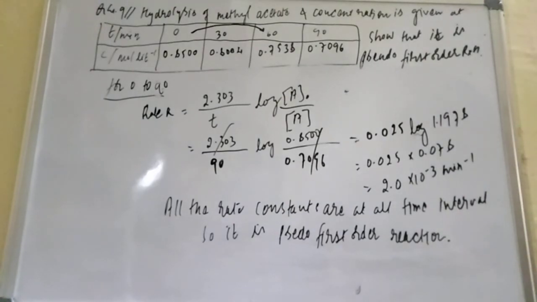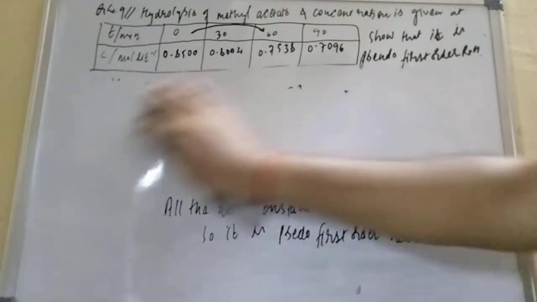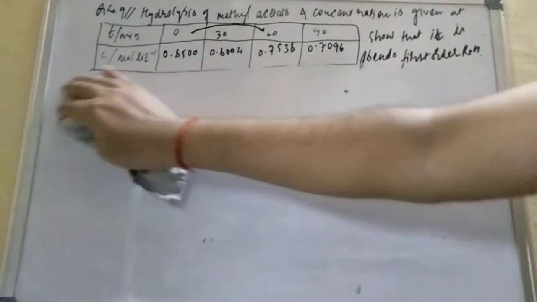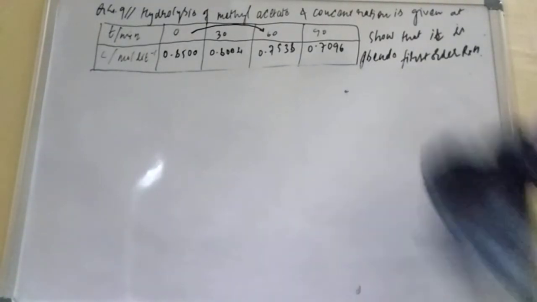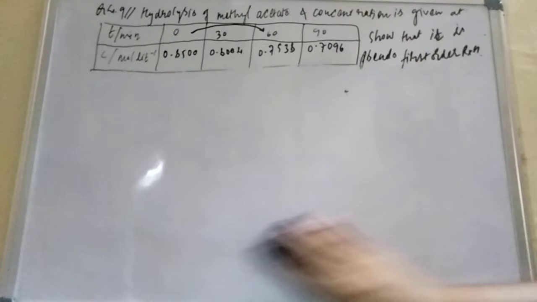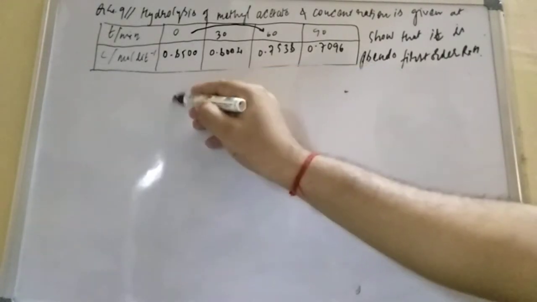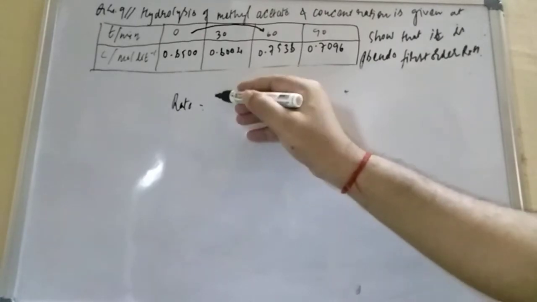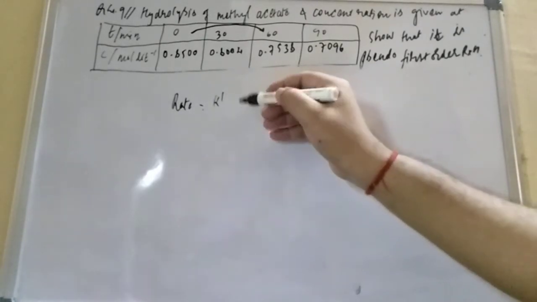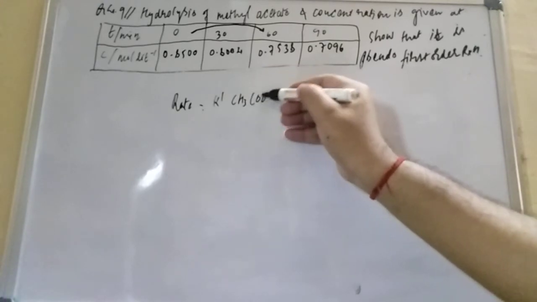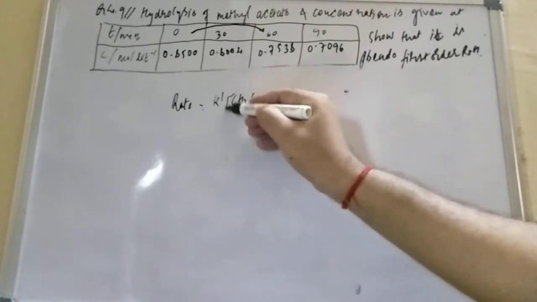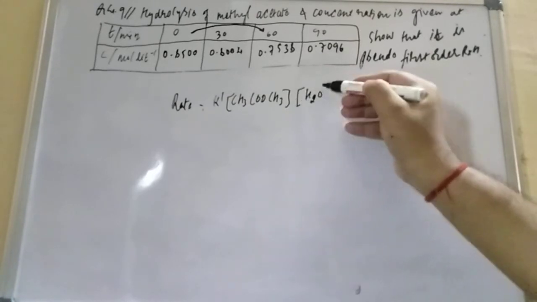Now the second portion of the question, let us go to the second portion and try to understand what they are asking. That is, the first thing you got. Now we understand that they are asking for the K dash value. When you are going to calculate the K dash value, student, the rate is already given in the question. Rate is equal to K dash, CH3COOCH3, and another bracket, H2O, right?